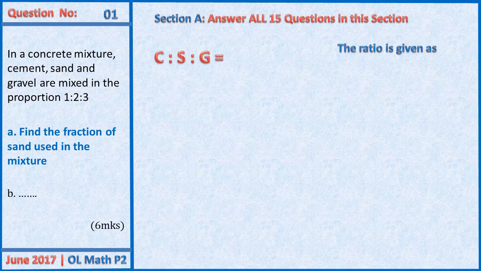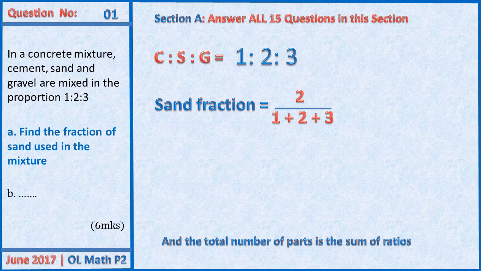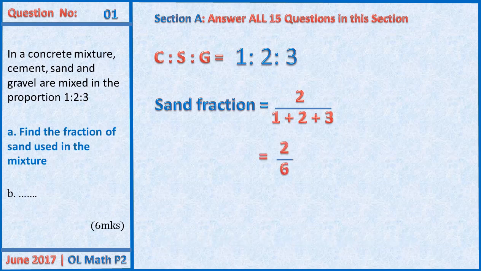The ratio is given as cement to sand to gravel as 1:2:3. In this ratio, sand has 2 parts out of the total number of parts. So the sand fraction is given by the number of parts for sand, which is 2, divided by the total number of parts, which is 1 plus 2 plus 3. Simplifying gives us 2/6, which equals 1/3.